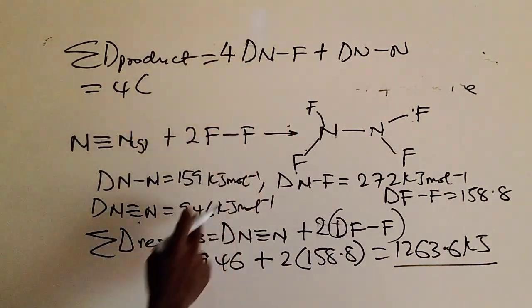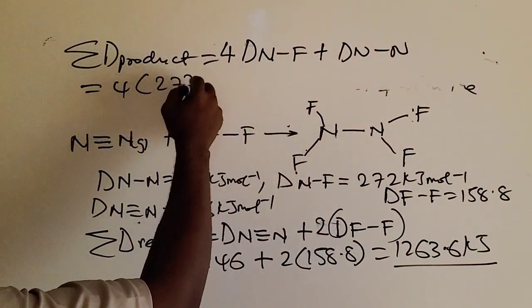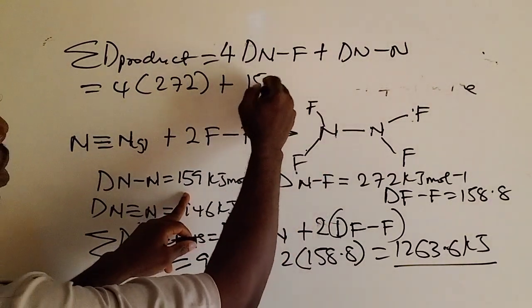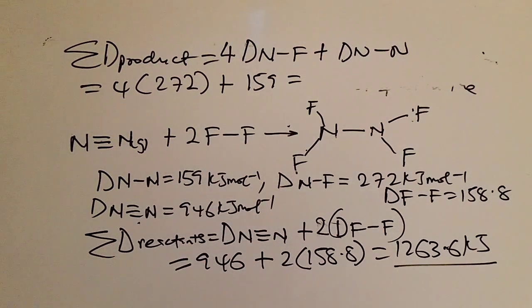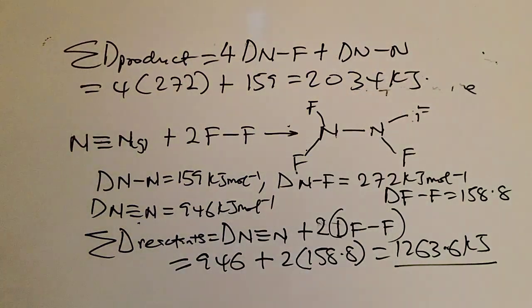The nitrogen fluorine bond is given in the data as 272, plus the nitrogen single bond, 159. When we solve it, we have 2034 kilojoules as the total bond energy of the product.